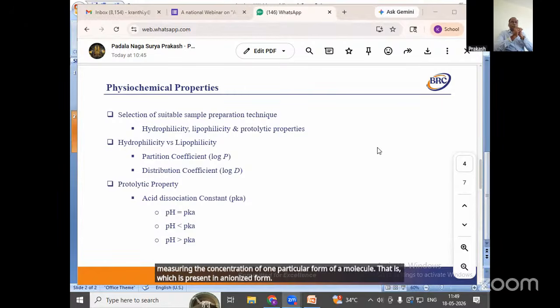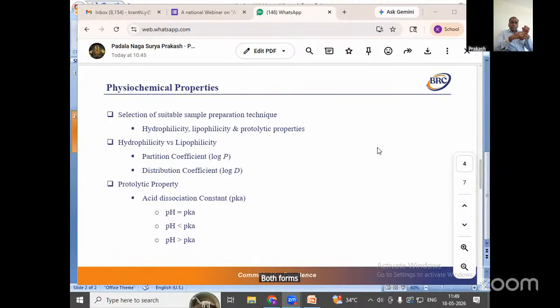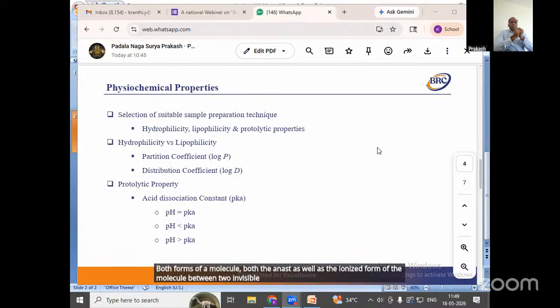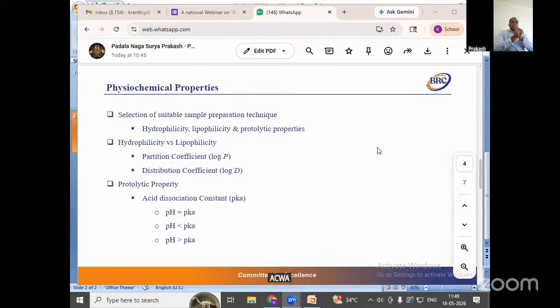When it comes to the distribution coefficient, it is the ratio of the sum of both forms of a molecule, the ionized as well as the unionized form, between two immiscible solvents, which are nothing but the aqueous and organic phases. So these two are very, very important. That's the reason why I've been explaining them in more detail.